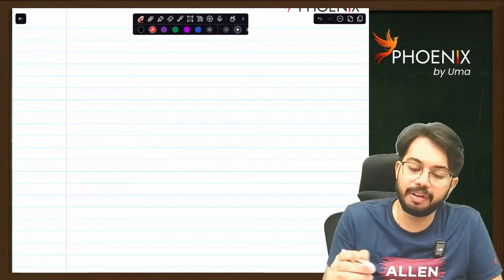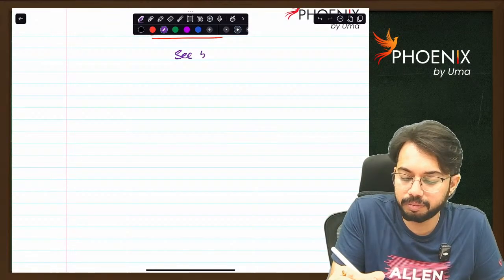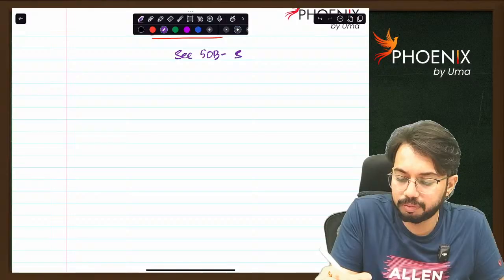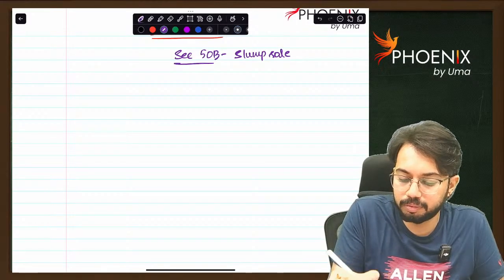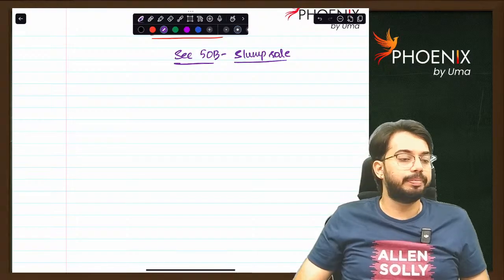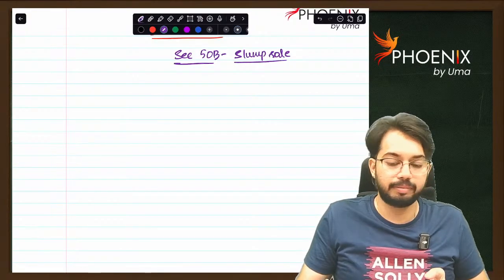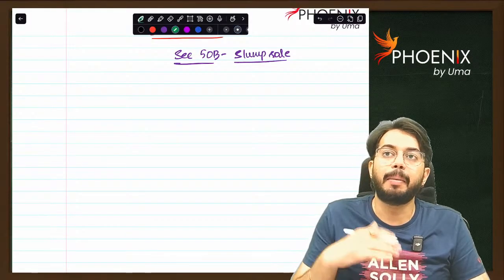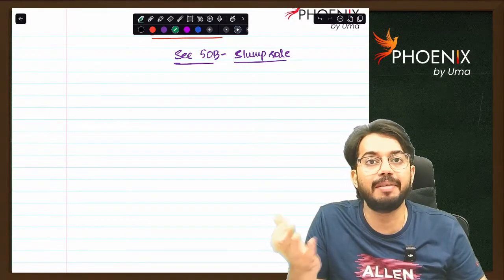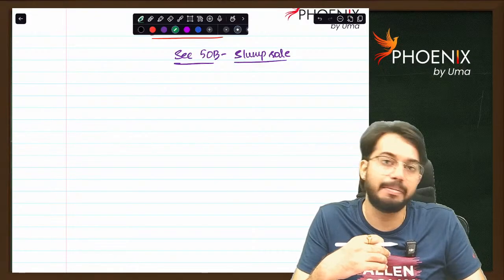First, I will start with section 50B, slump sale. Now, whenever business as a whole is sold for lump sum consideration, then we call that concept slump sale.